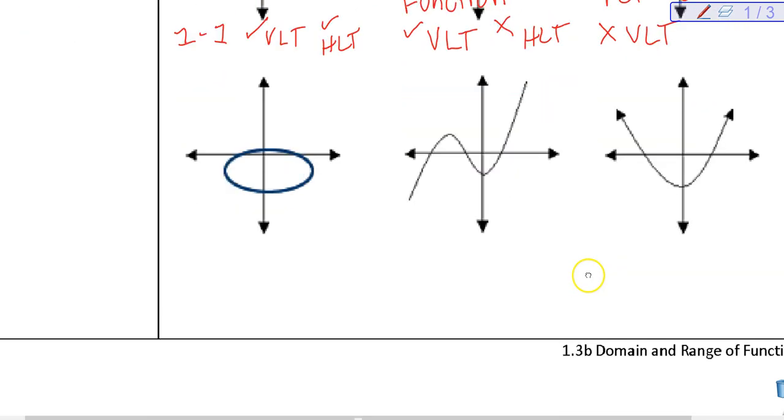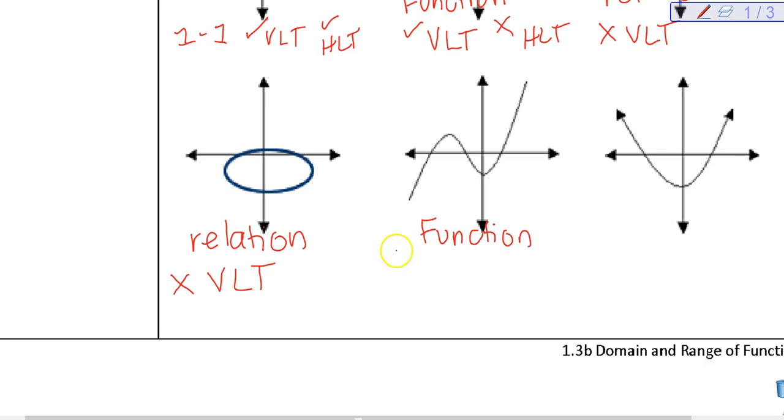Okay. Next one. Yep, it's a relation because it fails the vertical line test. Perfect. Next. Just a function. Not a one-to-one because it passes the vertical line test but fails the horizontal line test.